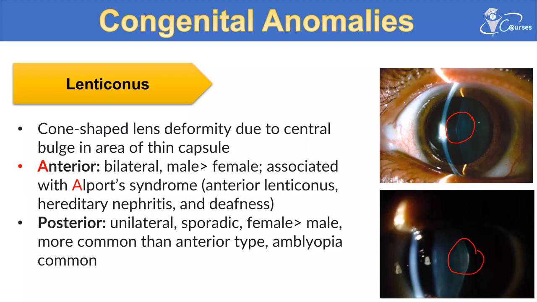Both are very important in the exams. What will be the difference between the anterior and posterior? The anterior is bilateral. The posterior is unilateral. The anterior occurs in males more than females, while the posterior occurs in females more than males.